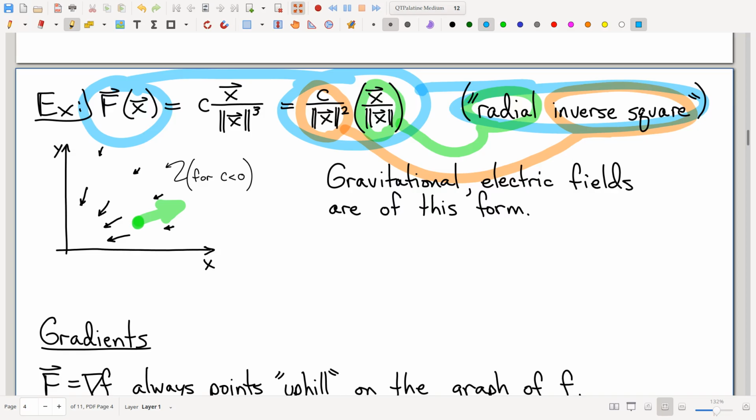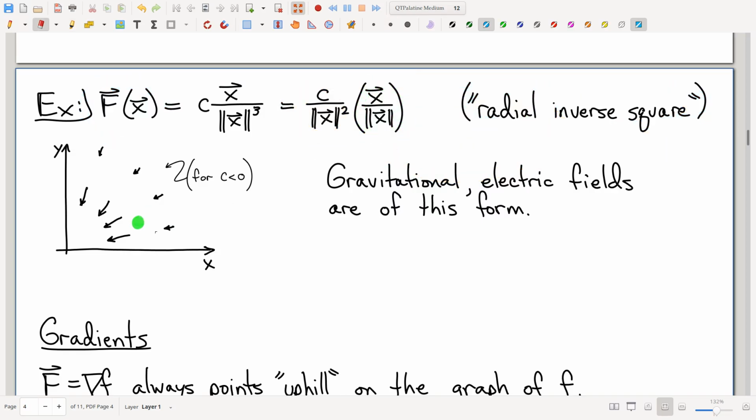All right. So it turns out these are very common vector fields to need to understand. One very common situation is if you want to talk about a gravitational field. We're surrounded by gravitational fields. We live on a planet because of a gravitational field. You take away the gravitational field, we float off into space.